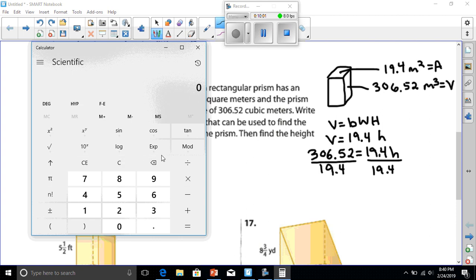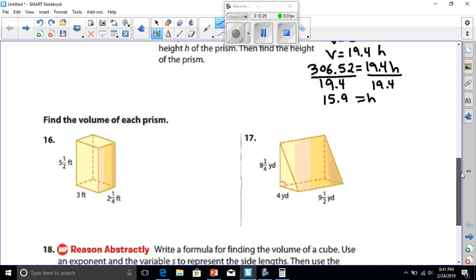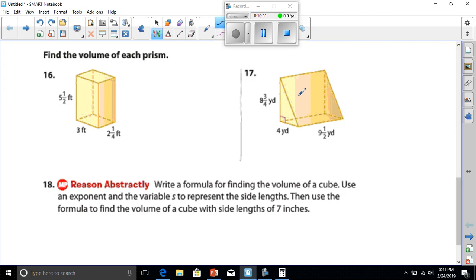So what we have here is 306.52 divided by 19.4. And look at that, it equals 15.8. So that means the height equals 15.8. And that's it. Moving on to number 17.